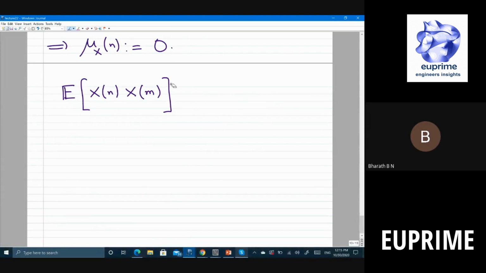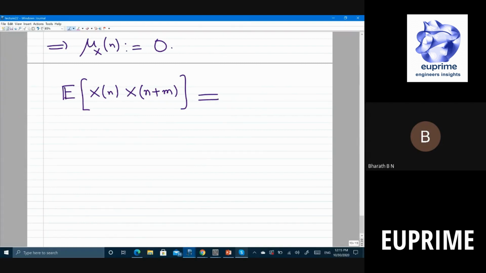So I'll slightly modify the way I write this, as n plus m, because if one index is greater, I can just commute it and write it as x of n times x of n plus m. I'll give this as homework.